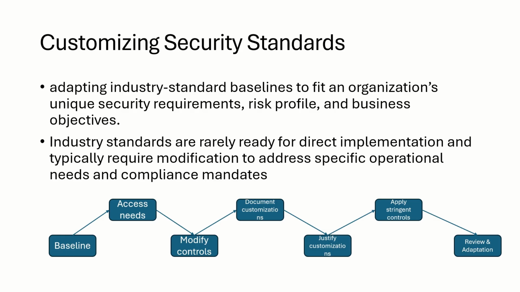Obviously, the standard will not cover all the needs. You need to look at which of the controls your company needs in order to stay secure. Those controls, if they are not already implemented by the standard, you will need to flesh them out. That's modification of controls now.